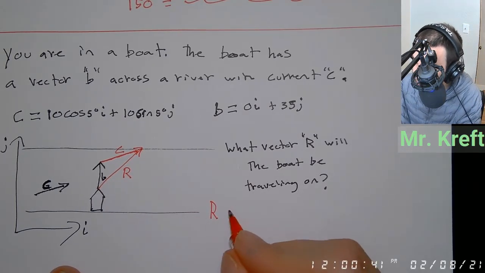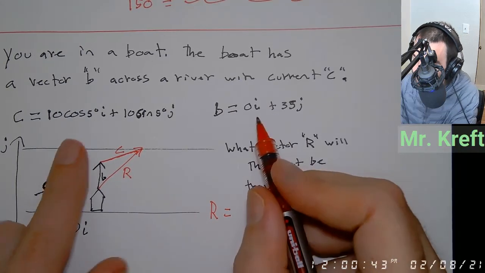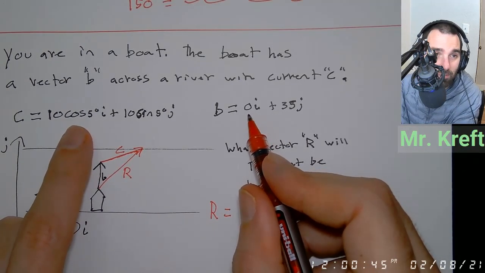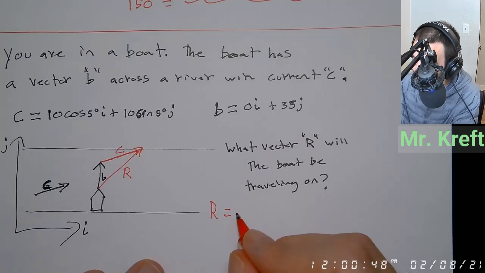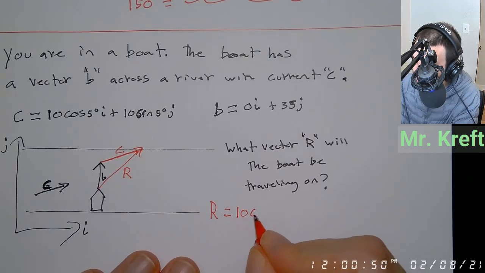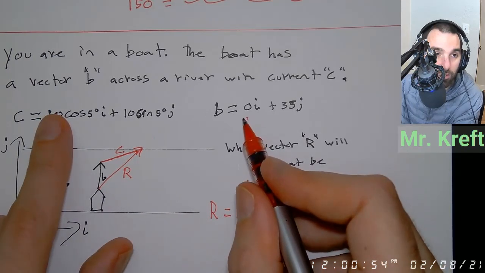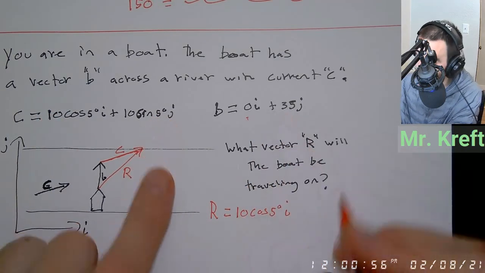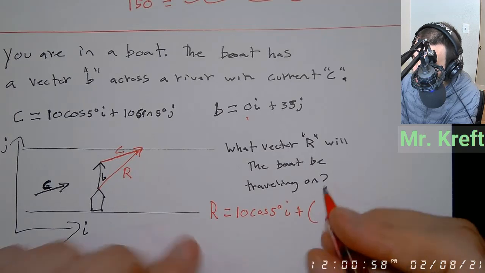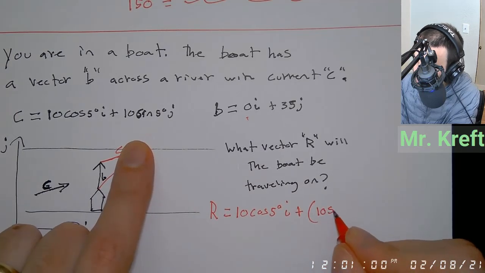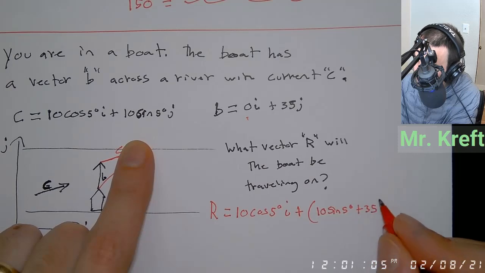So then R here is going to equal, I'd have to add these together, right? So it would be just 10 cosine of 5 degrees I, because I'm adding 0. And then here you would have to go plus, and then I'm going to put parentheses, 10 sine of 5 degrees plus 35 J.